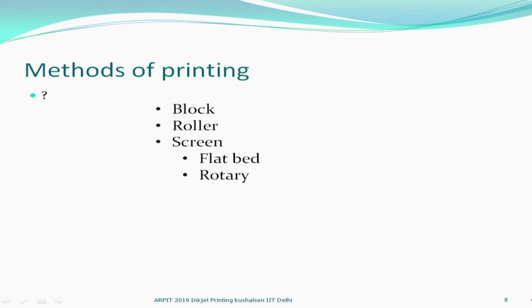The other is the roller printing method, where the design is engraved on a metallic roller and the color, which we sometimes call the printing paste, is continuously picked up from the rollers and stored temporarily in the engraved design.